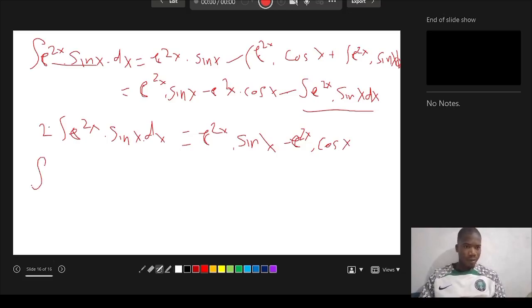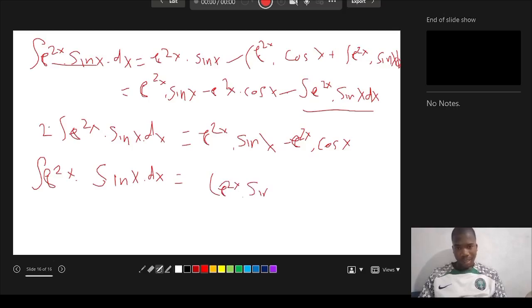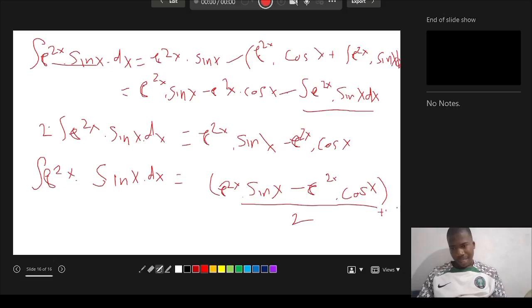Then we have our final solution: the integral of e to the power 2x multiplied by sine x dx is equal to e to the power 2x multiplied by sine x minus e to the power 2x multiplied by cos x all over 2, plus c.